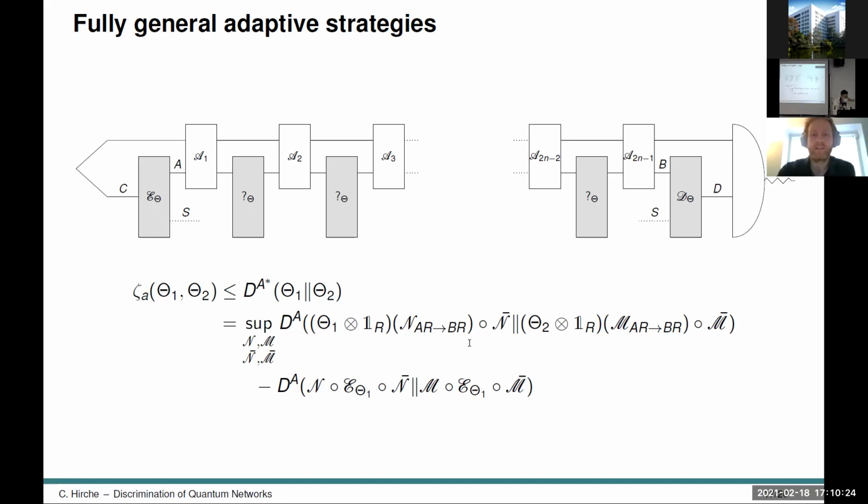This quantity is for sure larger than the ones we discussed before, but it gives a converse bound on every possible adaptive strategy.